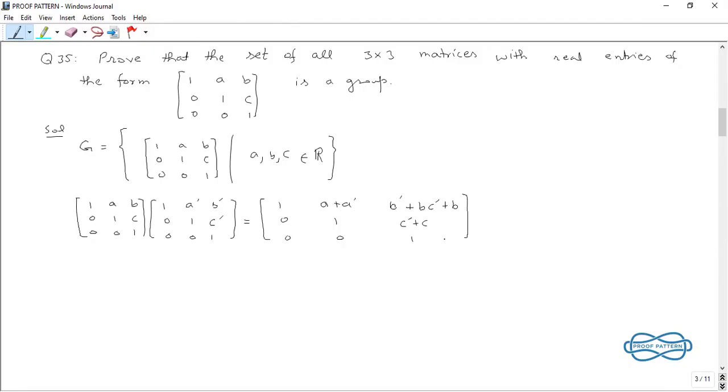And we see that the product of two such matrices is again a matrix of the same form. So this belongs to G.